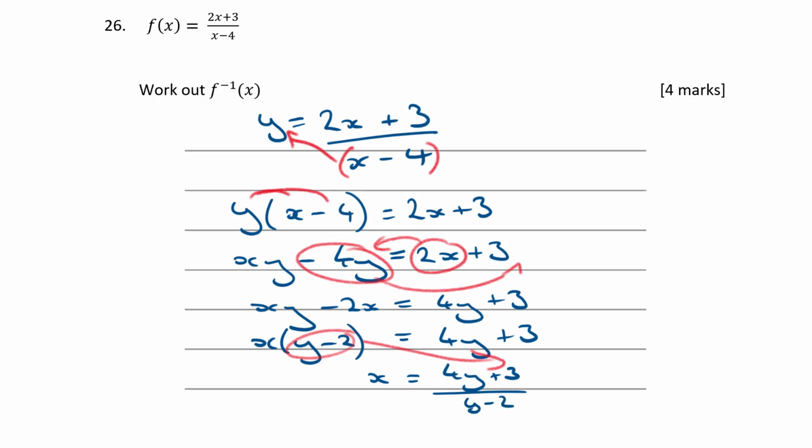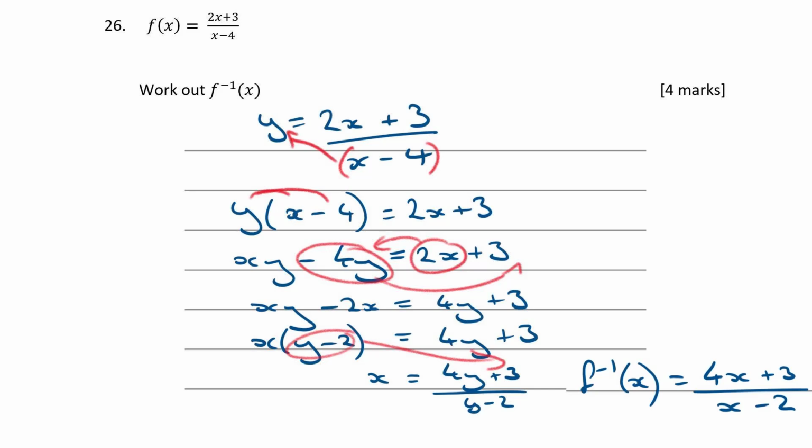Okay, so now I've got x in terms of y. I can just say that f to the minus 1 of x is equal to, I'm going to write the same expression down, but I'm going to switch the y's back into x's. So I'm going to say that 4x plus 3 over x minus 2 is my inverse function.